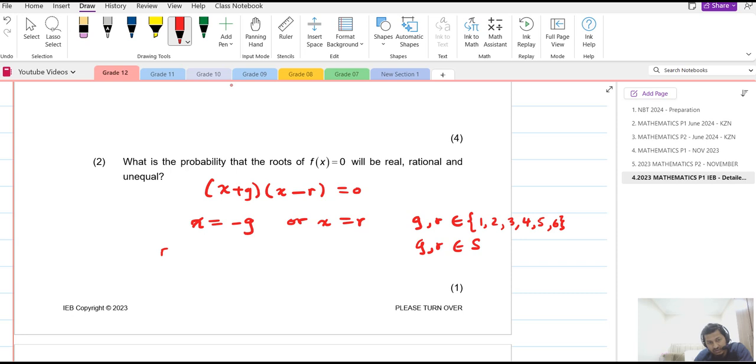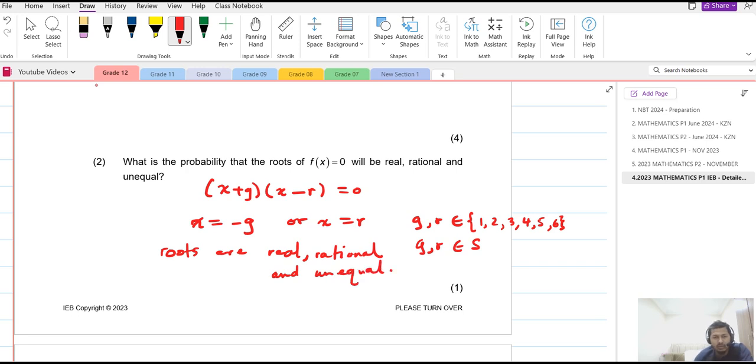So g and r are rational. These are real roots, so we can say roots are real, rational, this is negative and this is positive, and unequal.